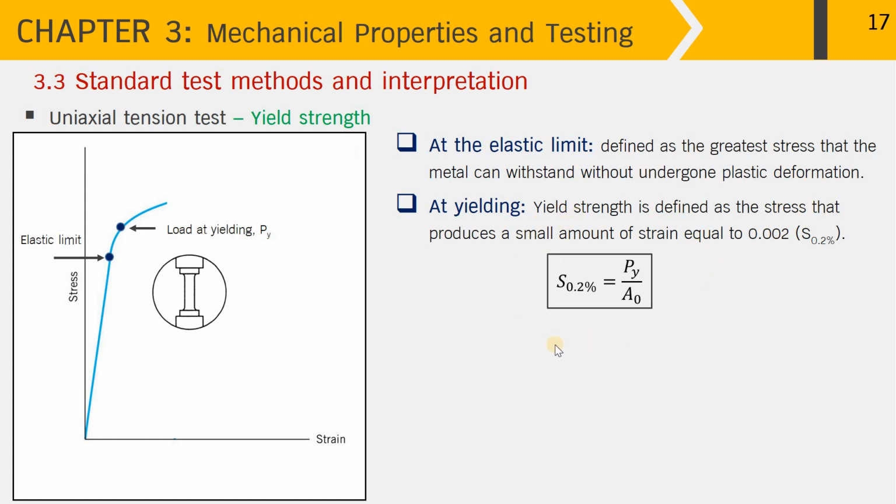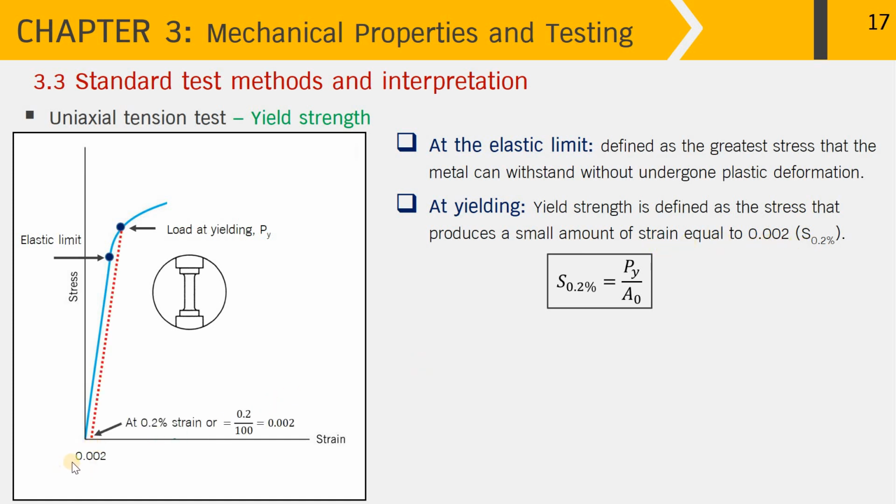Or you can see from the expression here that the 0.2% yield stress is the load at yielding, or Py, over A naught. And how can we find the load at yielding, or Py? Remember when we said that it is the stress defined at the amount of strain equal to 0.2%.